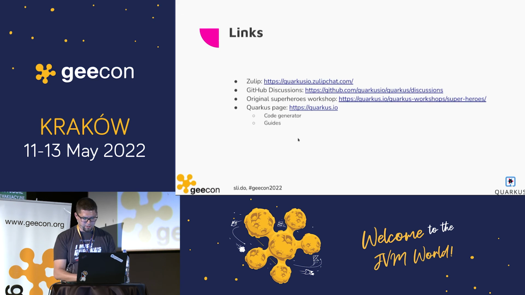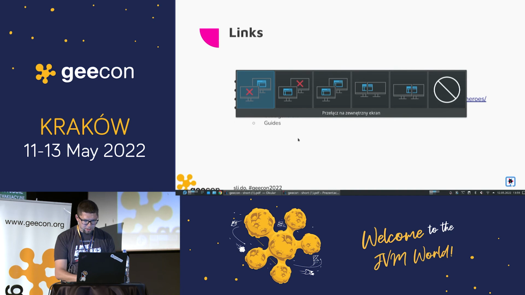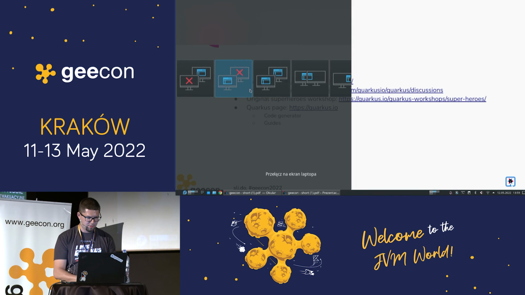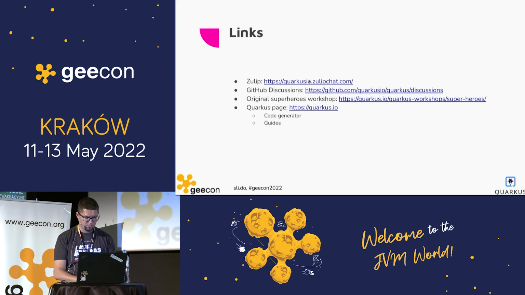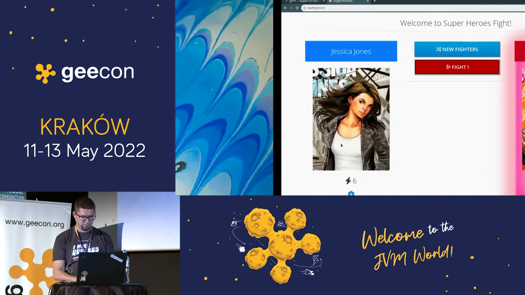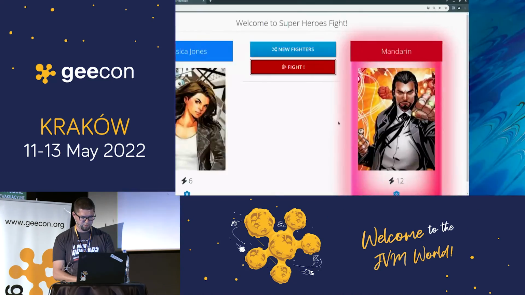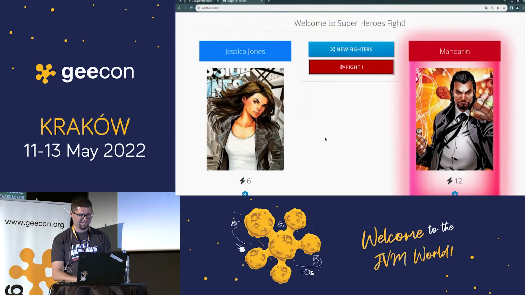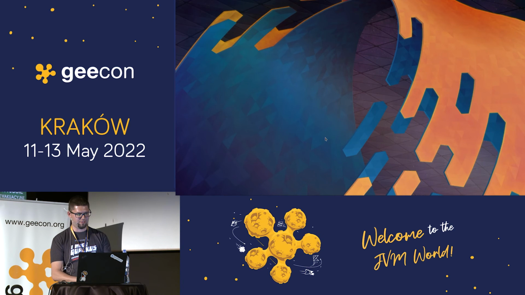Now let me just, how do I do it? Oops. Okay, what happens now? So now I should be able to go to the Slido thing, right? And see the questions somehow. Where's my mouse? Sorry, guys. Slido.